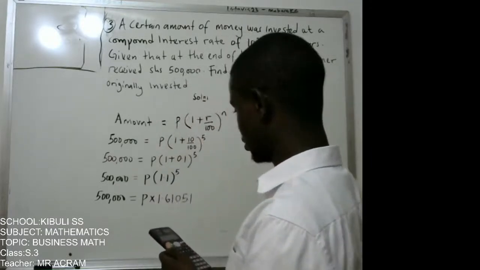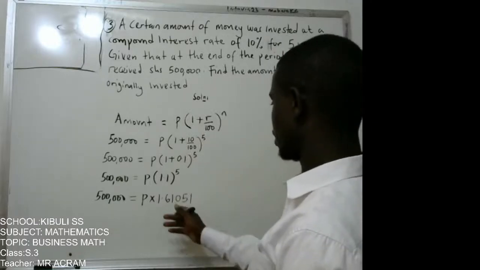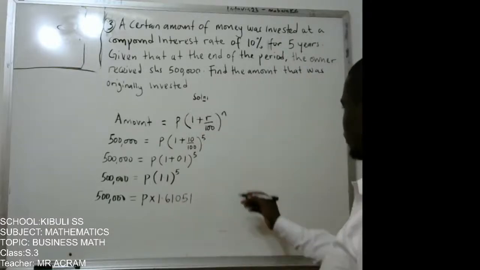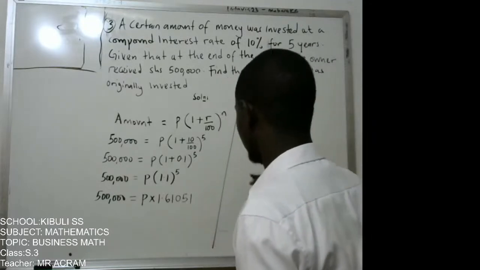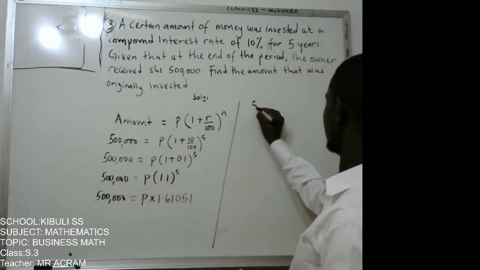Is it like that? Then how do we get the P? We divide. So this is 500,000.